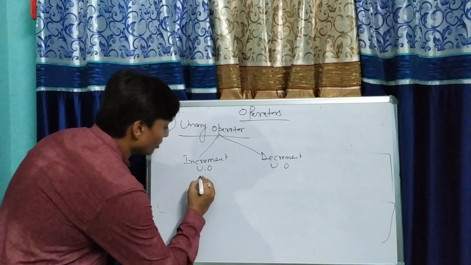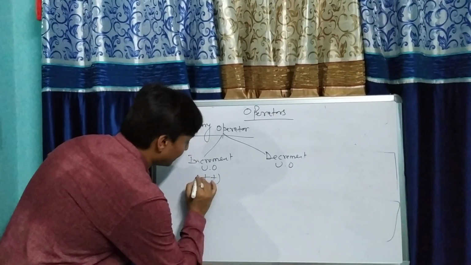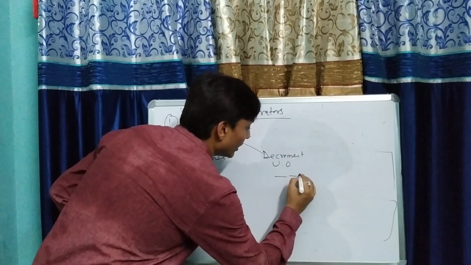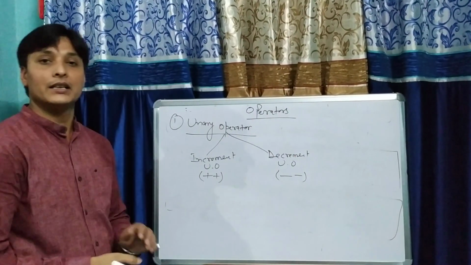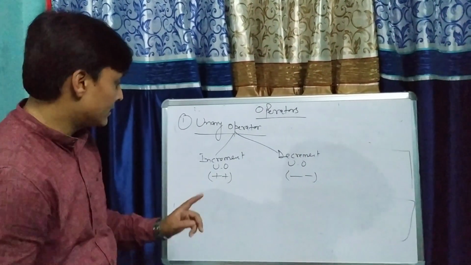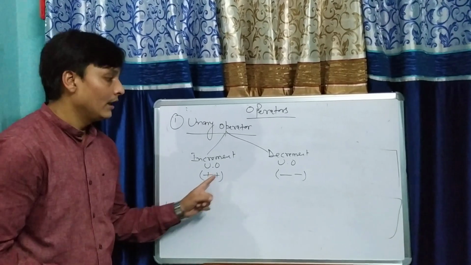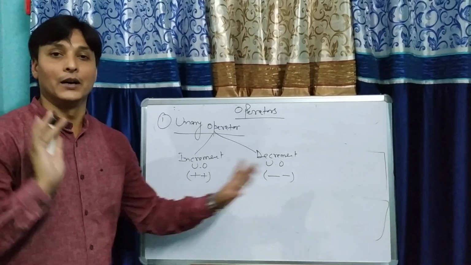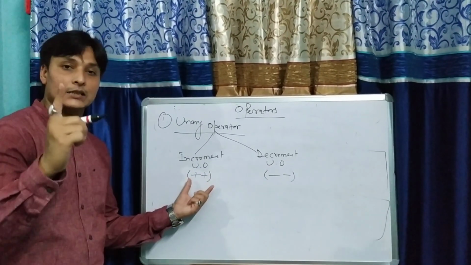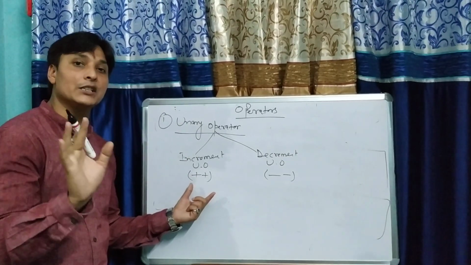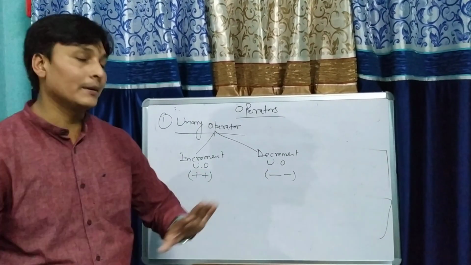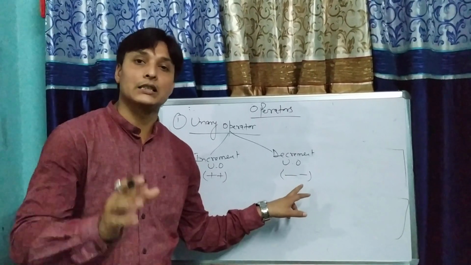Now, increment unary operator will be denoted by plus plus, while decrement unary operator will be denoted by minus minus. Means the value will be increased by 1 in the case of increment unary operator, while in the case of decrement unary operator, it will be decreased by 1.